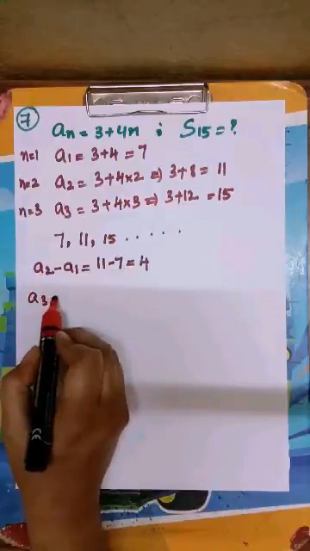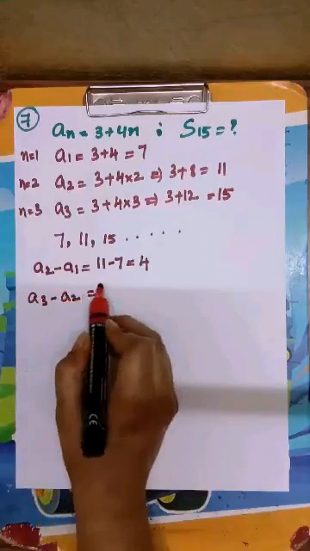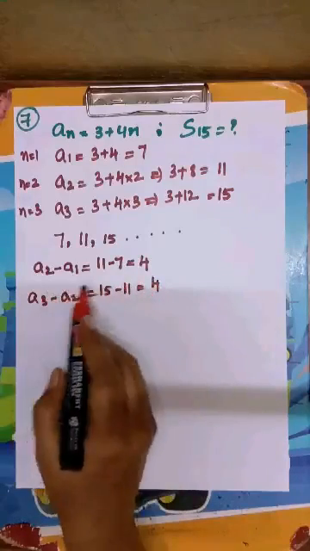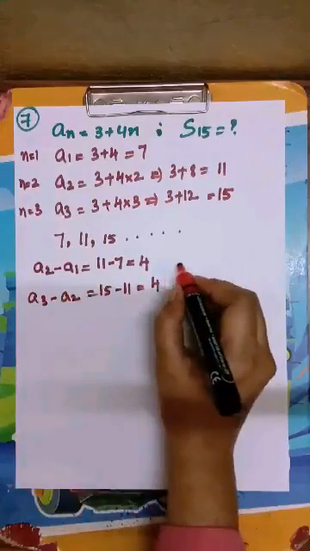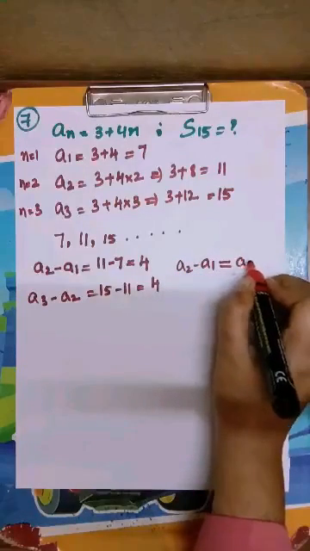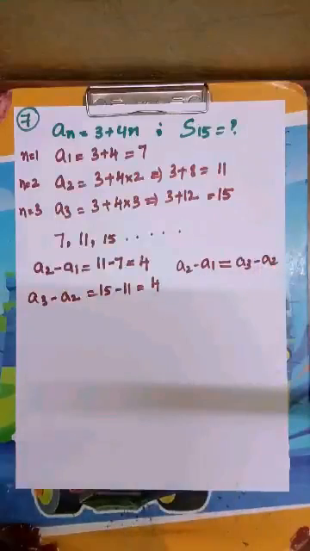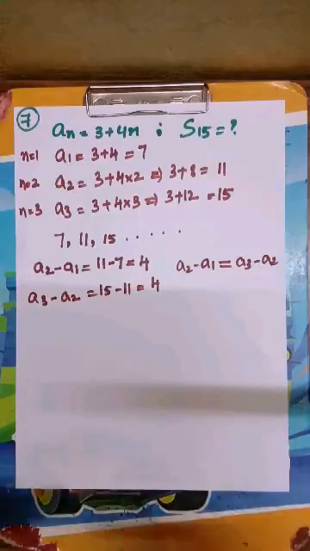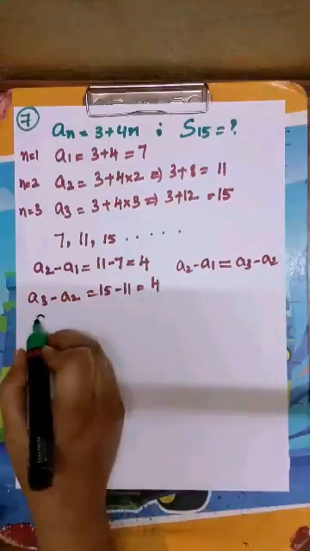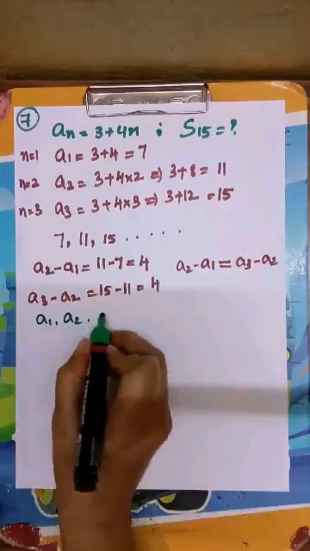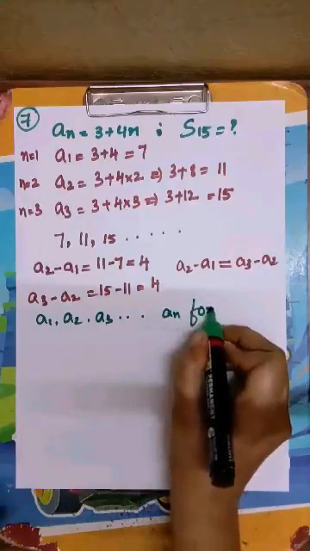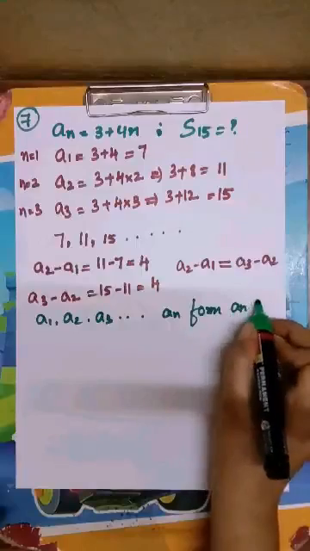Next A3 minus A2, 15 minus 11, that is 4. So A2 minus A1 is equal to A3 minus A2. Therefore, it forms an AP. Therefore, A1, A2, A3, and so on, AN forms an AP. ये तो हमको पहले फाइंड करना था.